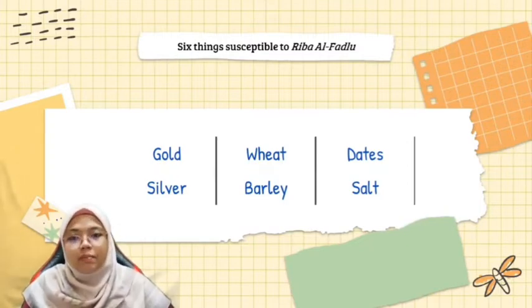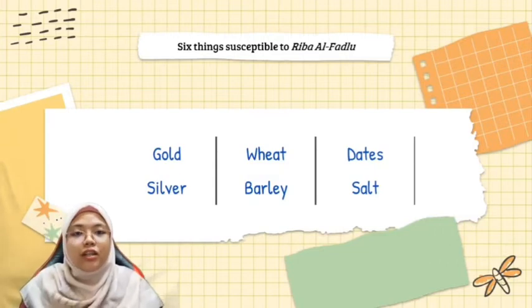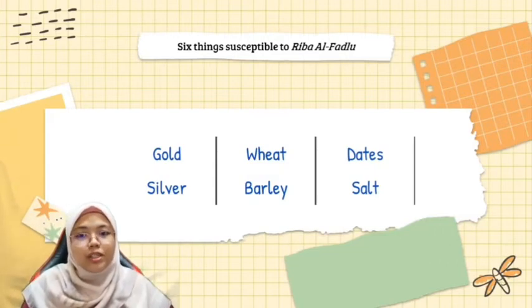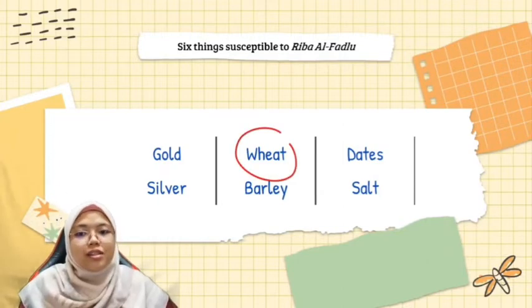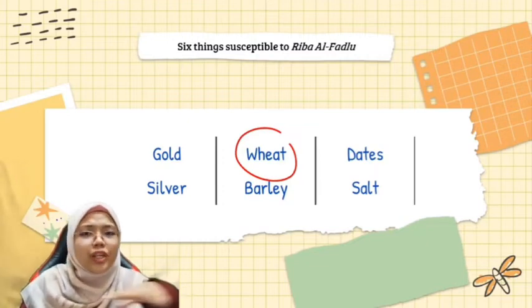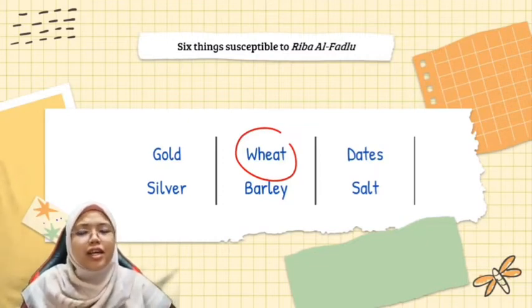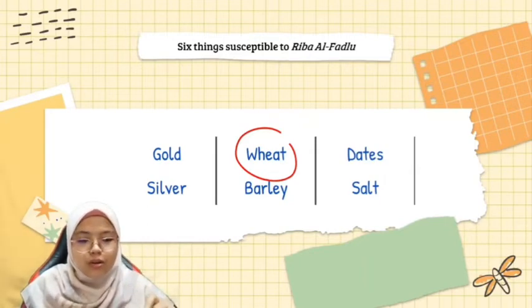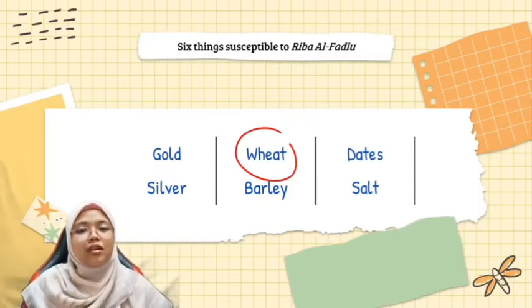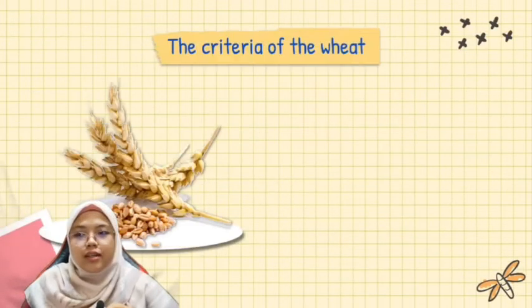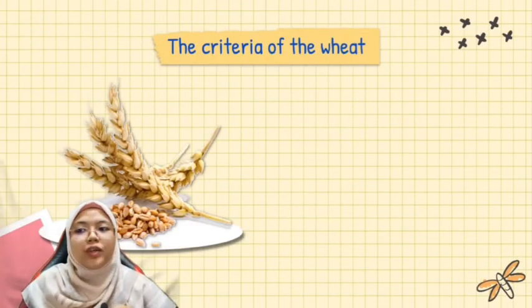For example, the mujtahid chooses wheat, so they will list down, analyze, and screen all the reasons that can be the illah, which must also suit or match the other 5 items of riba al-fadl. For example, the criteria of the wheat.